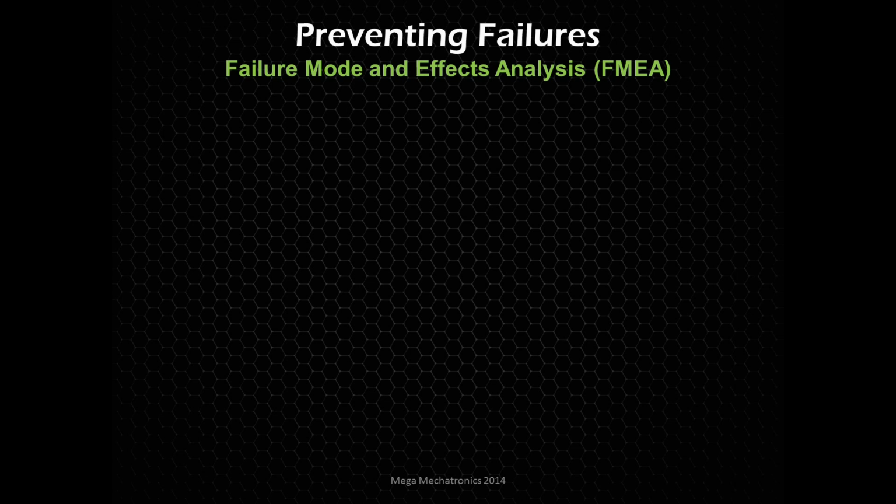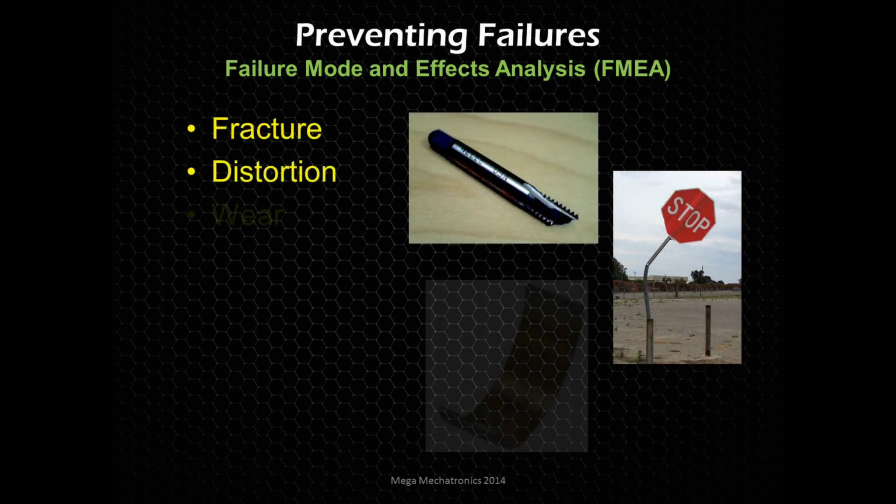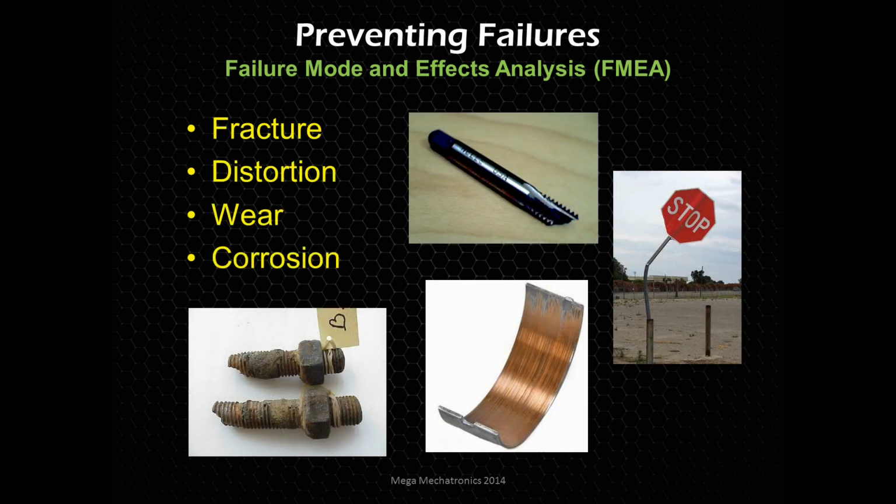So preventing failures, failure mode and effects analysis. Well, you need to look at your part for fractures. So why did it fracture? Well, probably because it was fatigued, it was overstressed, there was corrosion.